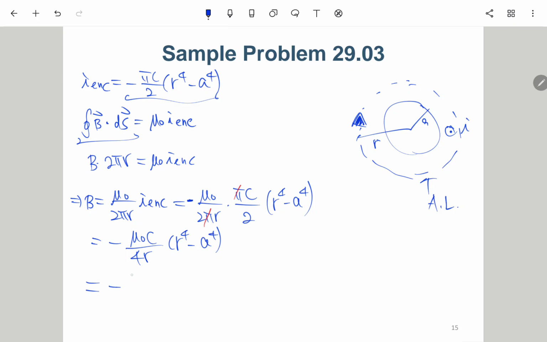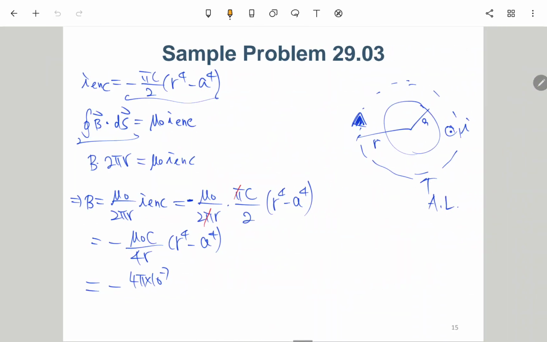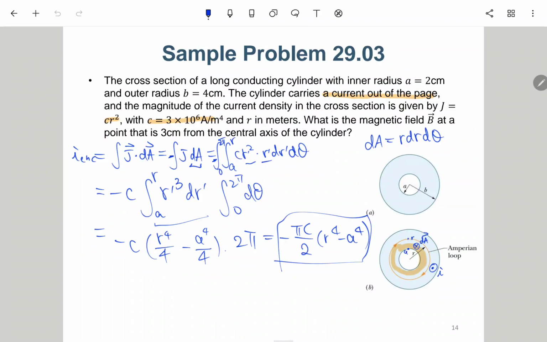So this is nothing but 4 pi times 10 to negative 7, and then c, what is c? C is these values, 3 times 10 to the 6th power, 3 times 10 to the 6 over 4. R is 3 centimeter. A is 2 centimeter.